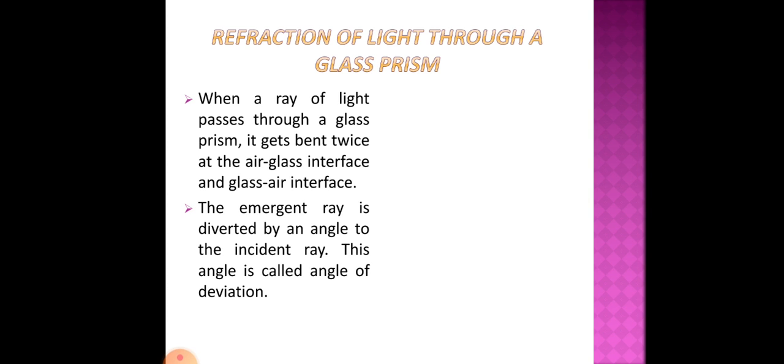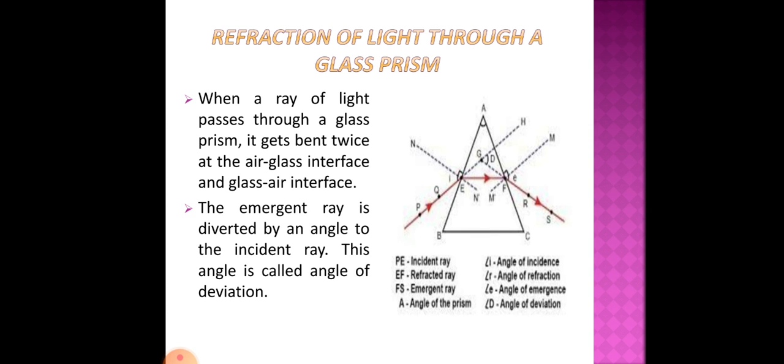From this picture, as you can see, this red line represents the path of the light, where PE is your incident ray, EF is your refracted ray, and FS is your emergent ray. Now this emergent ray is diverted by a certain angle, and that angle is called your angle of deviation.